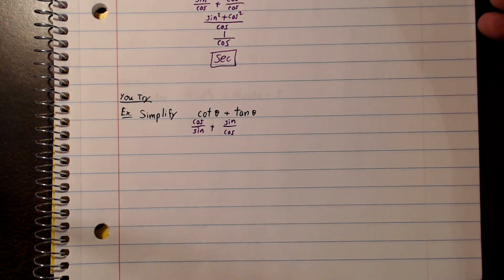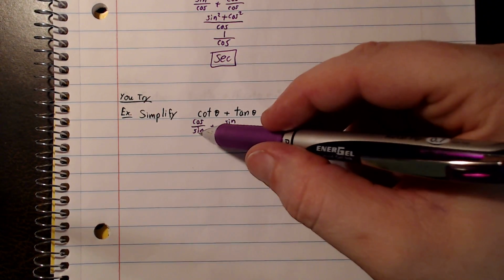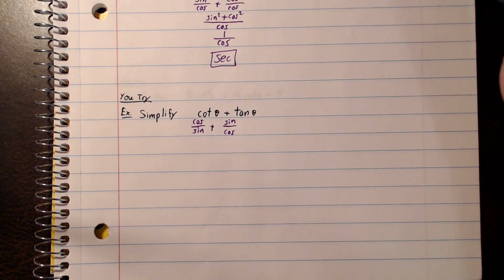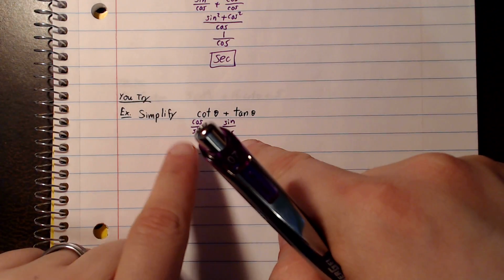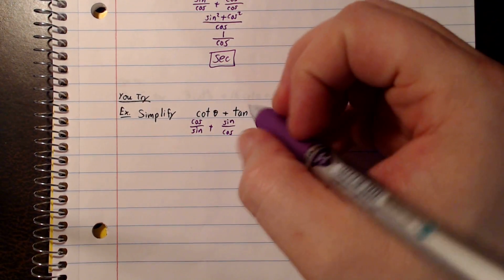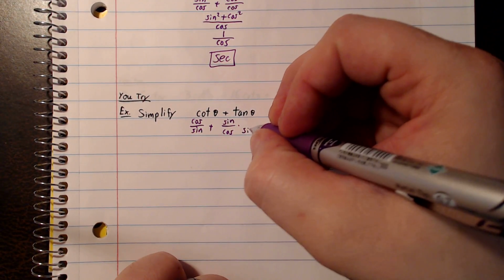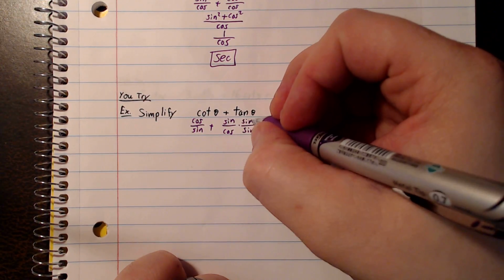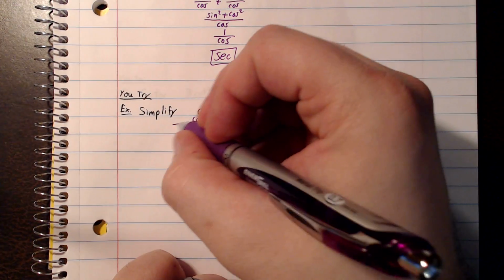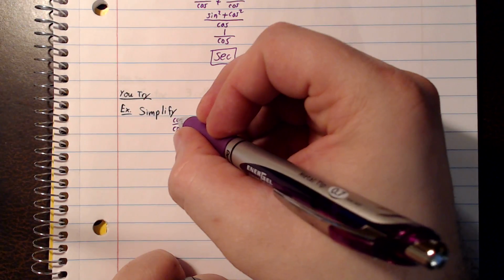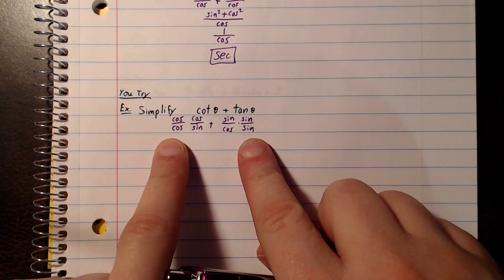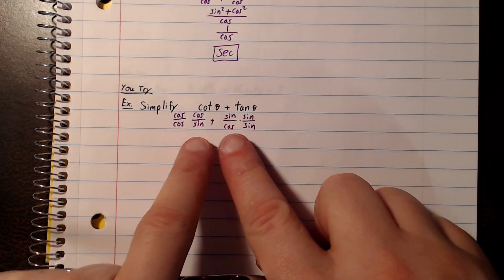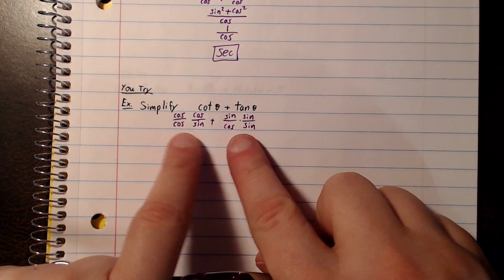I can't add these while they still have different bases. So what I'm going to have to do is make them both have one of these. Right? If I multiply by sine over sine, and I multiply over here by cosine over cosine, these are both 1. So that's fine. And I now have cosine sine on the bottom.